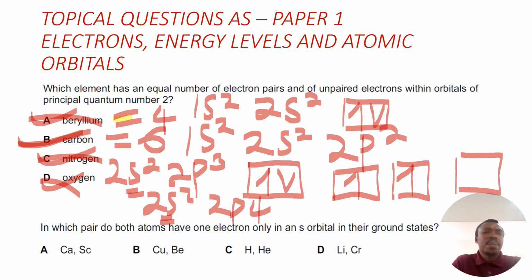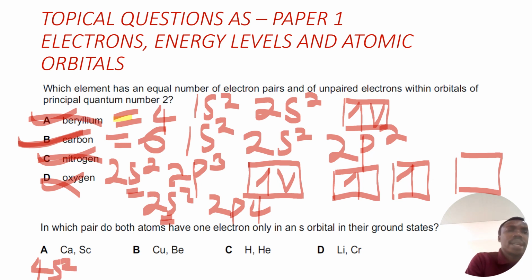They say, in which pair do both atoms have 1 electron only in an s orbital in their ground state? If you look at calcium, calcium is 4s2, so it doesn't have 1 electron in its ground state.